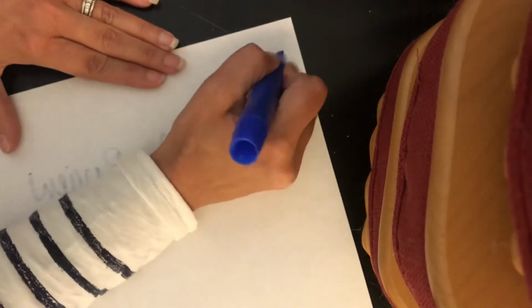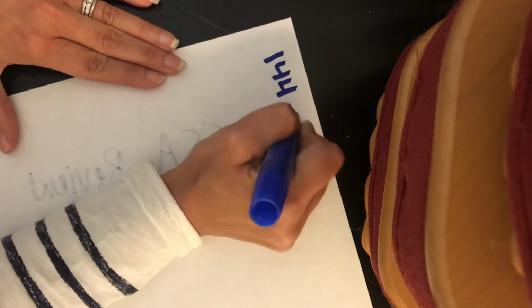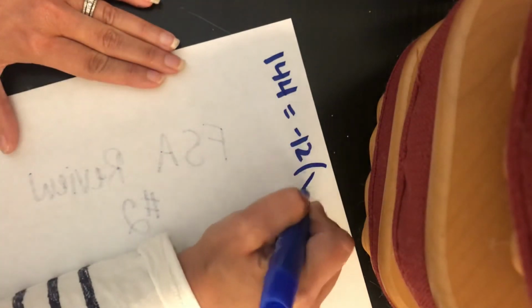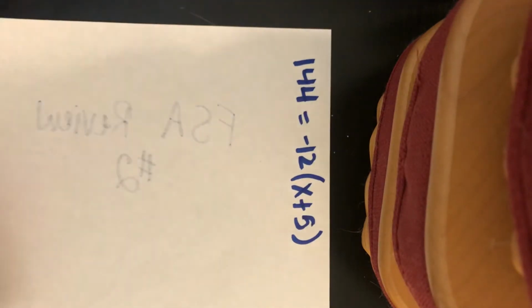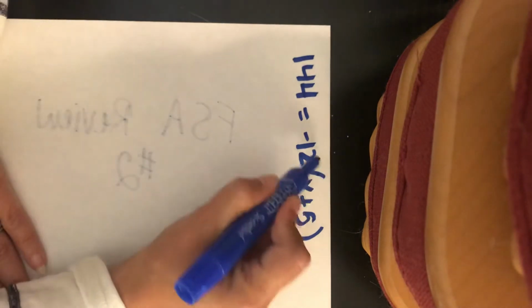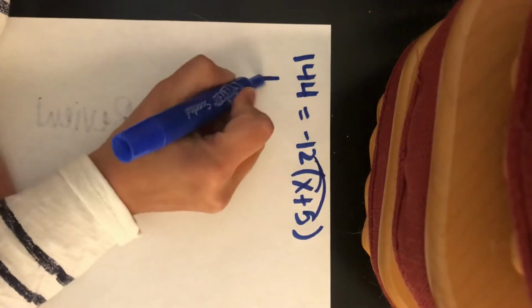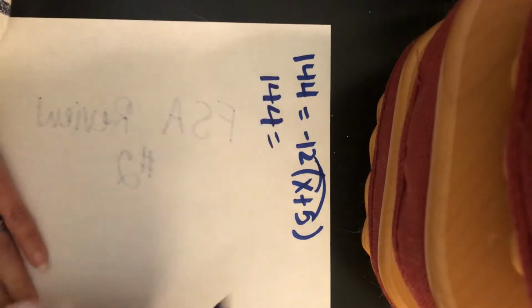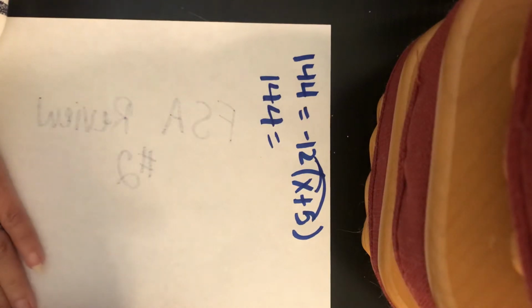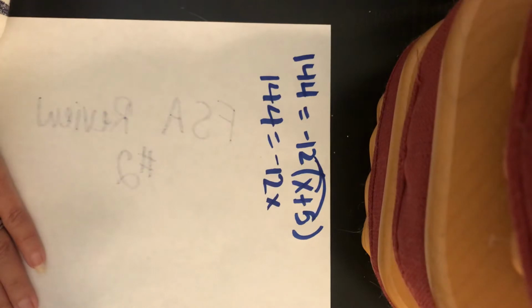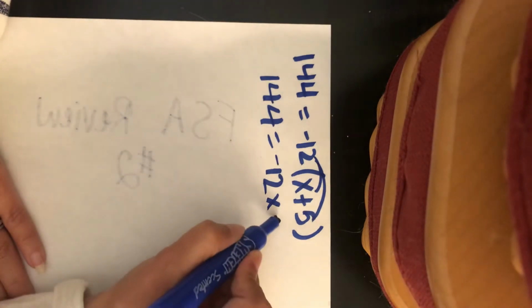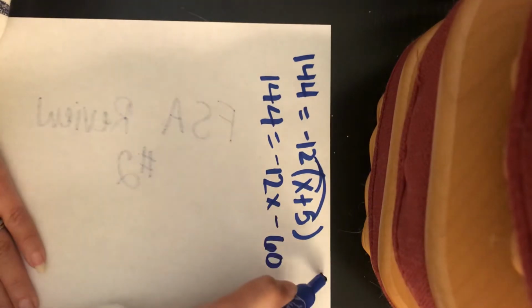Our first question we're going to try is 144 equals negative 12 times the quantity x plus 5. Now I have a grouping symbol, so I'm going to go ahead and isolate that by using the distributive property. Negative 12 times x is negative 12x. 5 times negative 12 is negative 60.